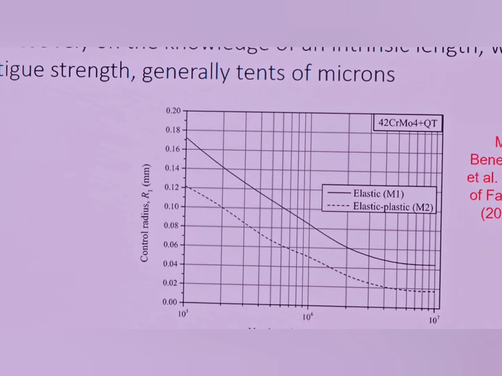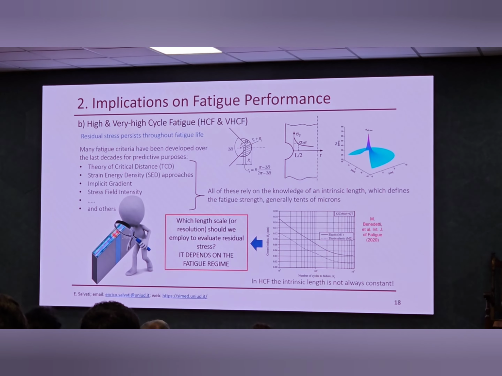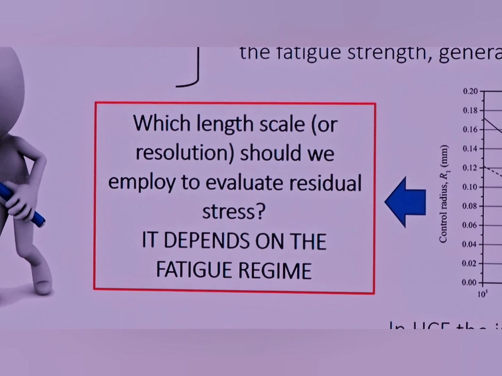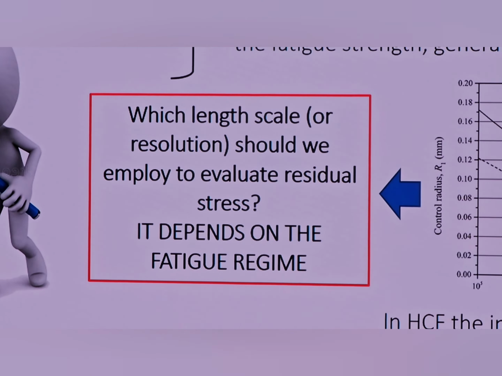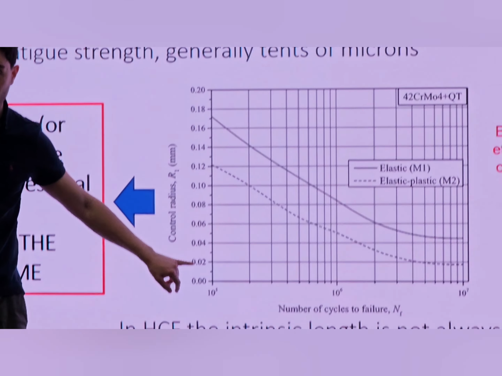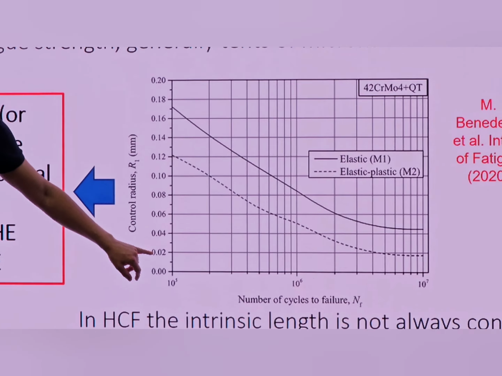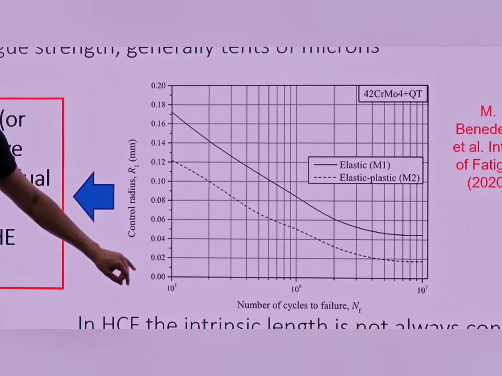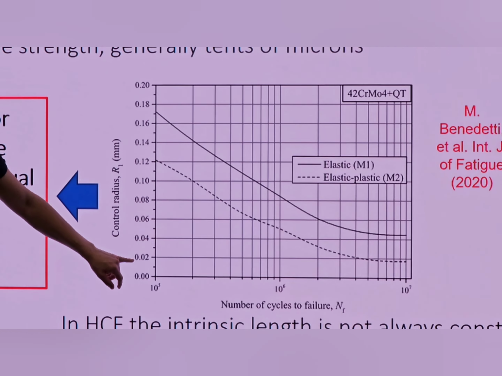And this of course then leads us to understand how, why and when we need to introduce residual stress in our fatigue prediction and evaluation. So essentially, if we are dealing with very high cycle fatigue, we are here, and our control radius is around 0.02, so 20 micron. So if we want to introduce residual stress in this regime, we need to resolve residual stress with this resolution.